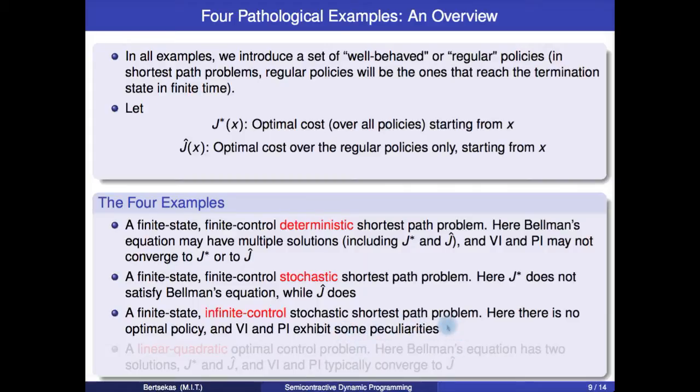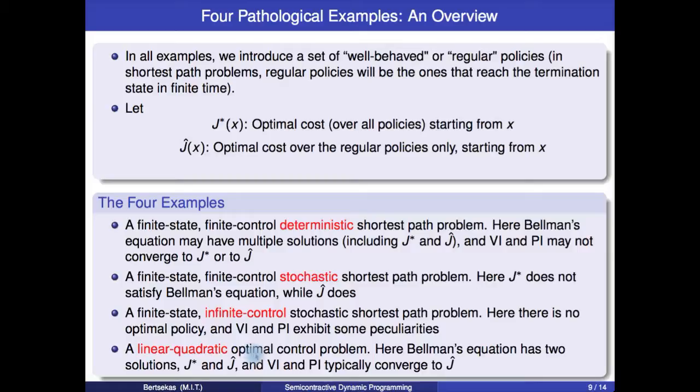This is a classical counterexample called the blackmailer's dilemma. It has been used in the past to demonstrate unusual behavior. It comes in several different versions, and depending on the data of the problem, you may have different kinds of peculiarities showing up.